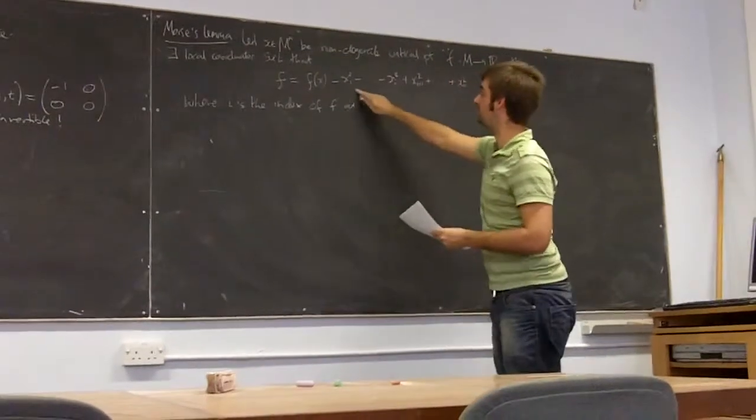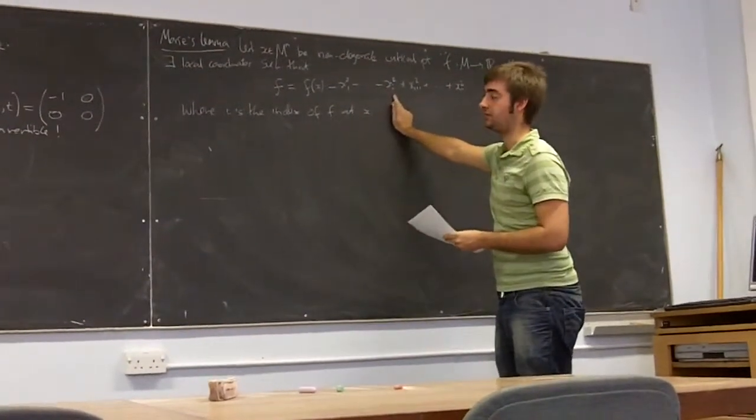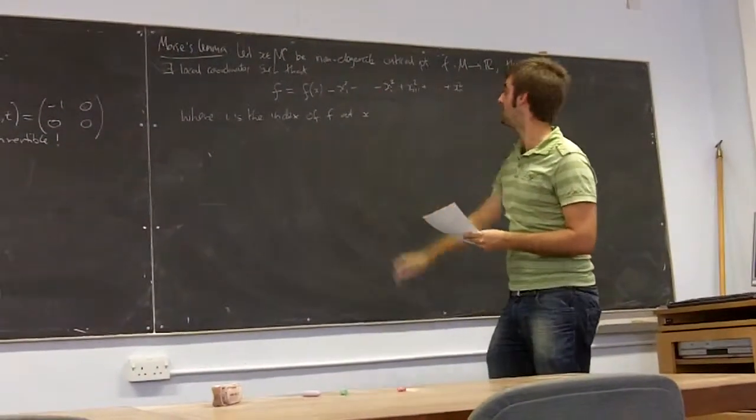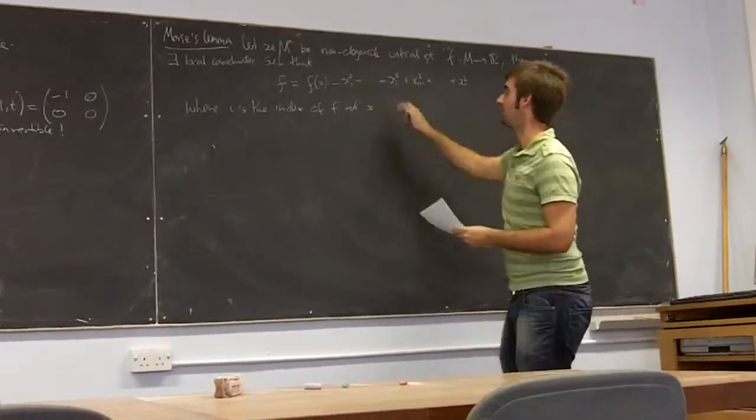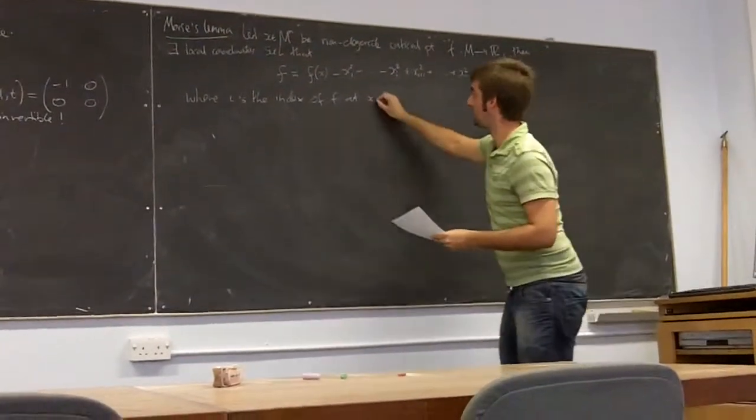So these give the negative minus ones in the Hessian, and there's I of them, which is the index.